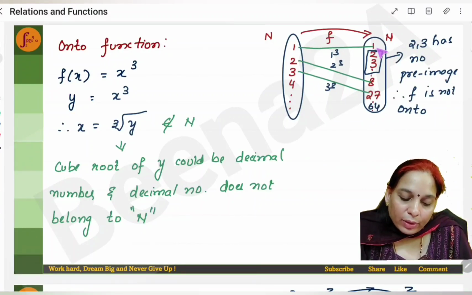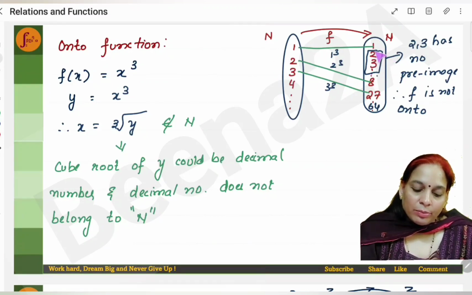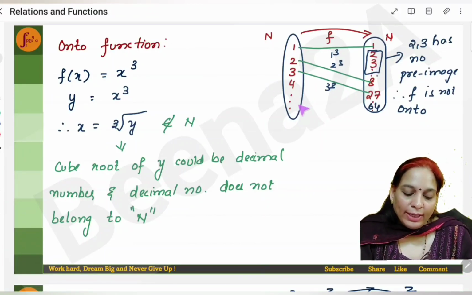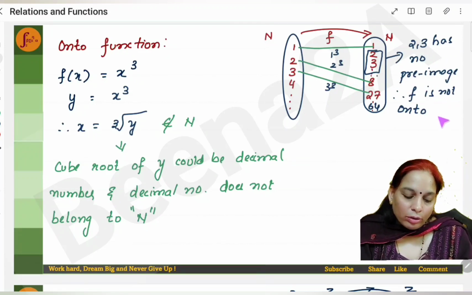If you notice, numbers between 1 and 8, that is 2, 3, 4, 5, 6, 7, can never be mapped to any element in this set. So all these elements between 1 and 8 can never become an image of any element in natural numbers. These have no pre-images. Therefore, F is not onto.